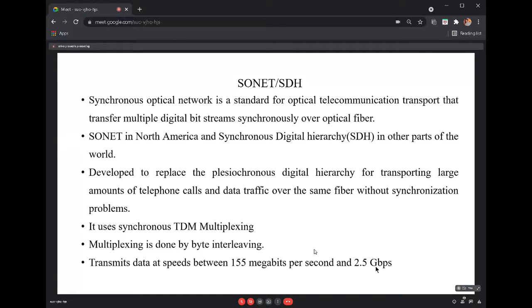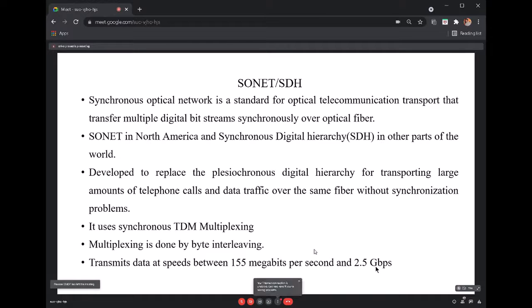So your STS-1 SONET is 90 bytes per row, 9 rows per frame and 8 bits per byte, divided by 125 microseconds per frame. So your STS-1, the first one, will be able to carry 51.84 megabits per second.